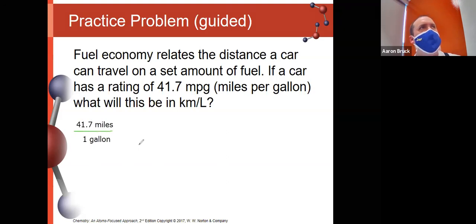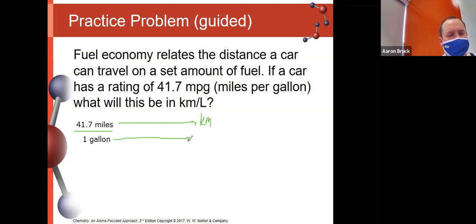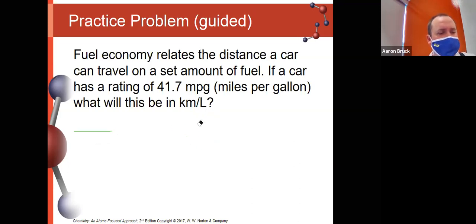What we're going to need to do ultimately here is a series of conversions to turn the miles into kilometers and to turn the gallons into liters. Now, some of you may know some of these conversions off the top of your head. I certainly don't.